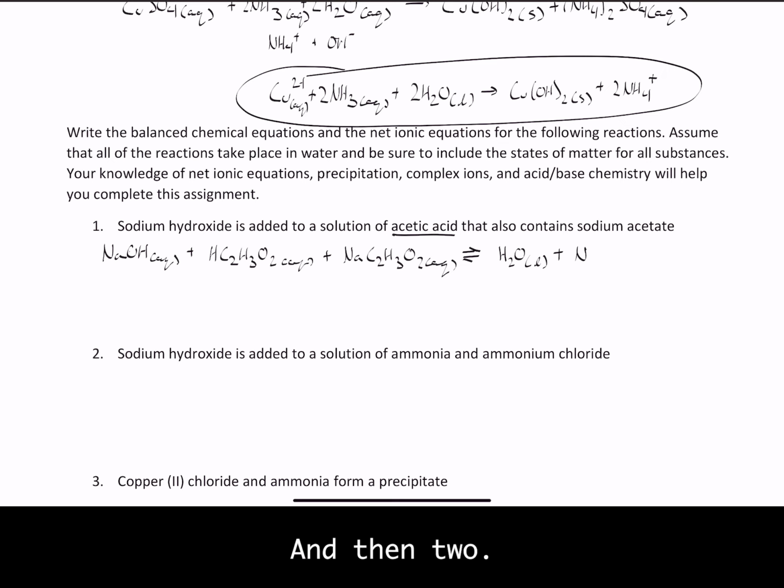And then two sodium acetates. So if we write out the complete ionic, we got Na plus, we got OH minus. Acetic acid is a weak acid, so that's going to stay together.